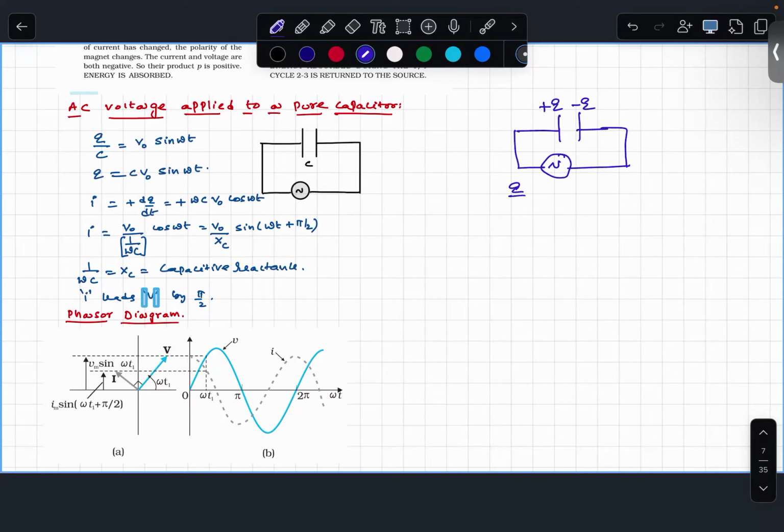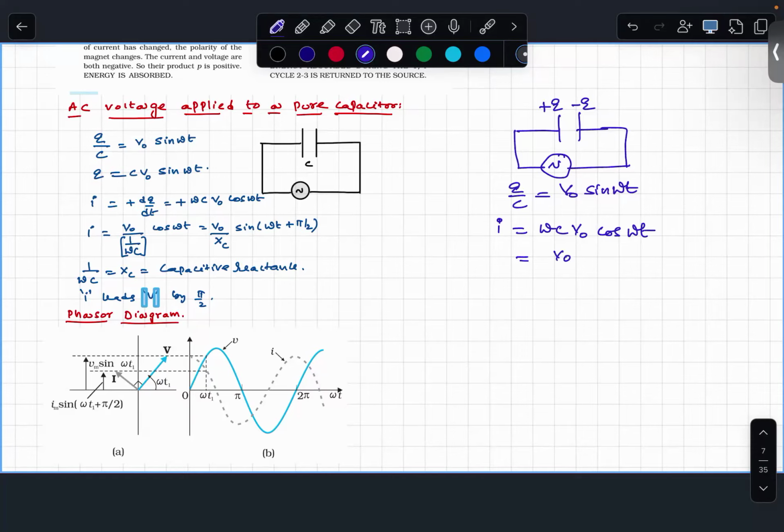So Q by C equals V naught sin omega t. Now do differentiation on both the sides. You'll get the current expression. So finally, I got the current expression as omega C V naught cos omega t.